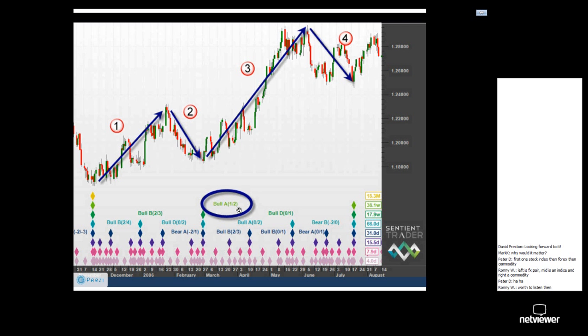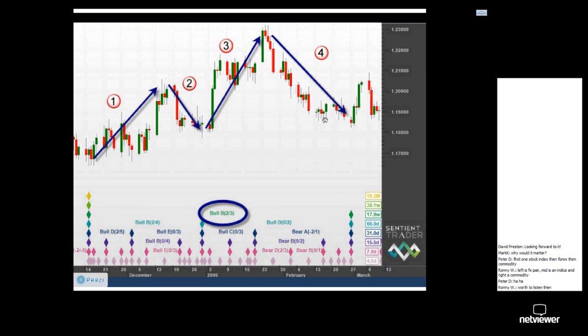This, as you can see, has been identified by Sentient Trader as a bull A shape. Those 2 numbers in brackets refer to the short-term underlying trend, which is the underlying trend of only 2 cycles longer than your trading cycle, and the long-term underlying trend, which is the underlying trend of all cycles longer than your trading cycle. So this is a bull A shape with a short underlying trend of 1, in other words, slightly positive, and a long-term underlying trend of 2, which is slightly more positive, perhaps.